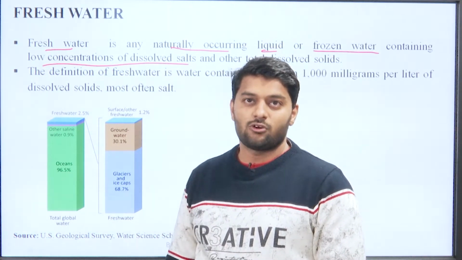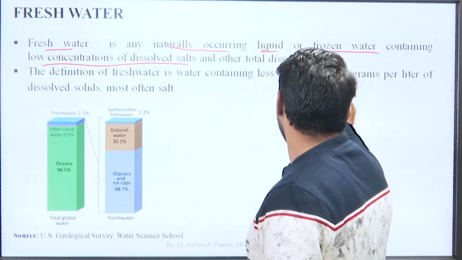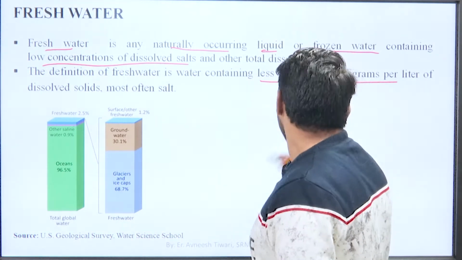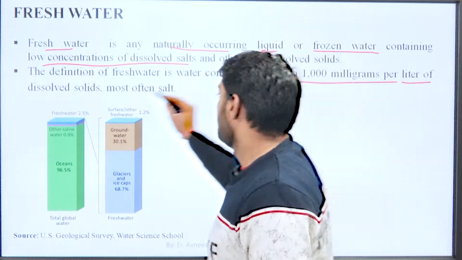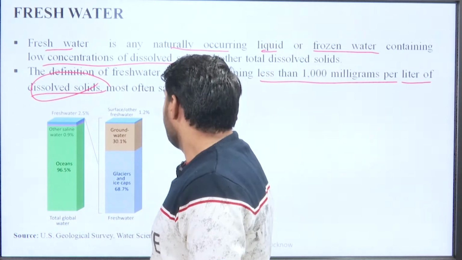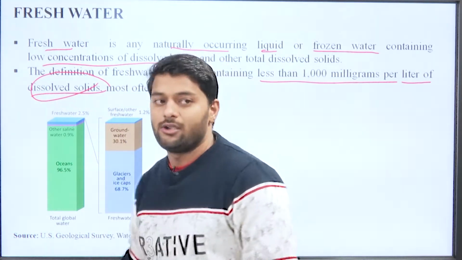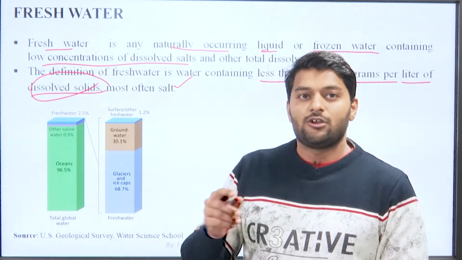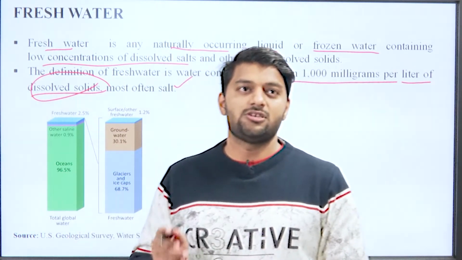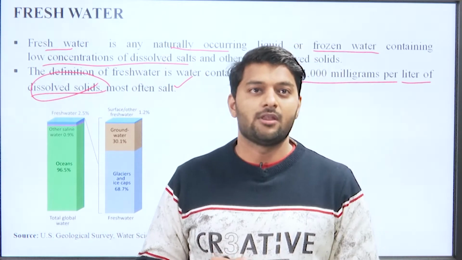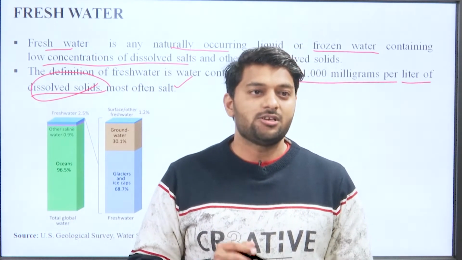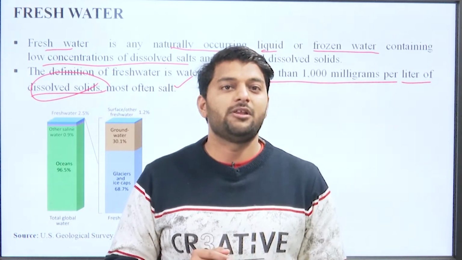The concentration is less than 1000 milligram per liter of dissolved solids, and these solids are basically in the form of salt. We are all also aware of salty water. That is totally different from fresh water, where the concentration of solids is less than 1000 milligram per liter.